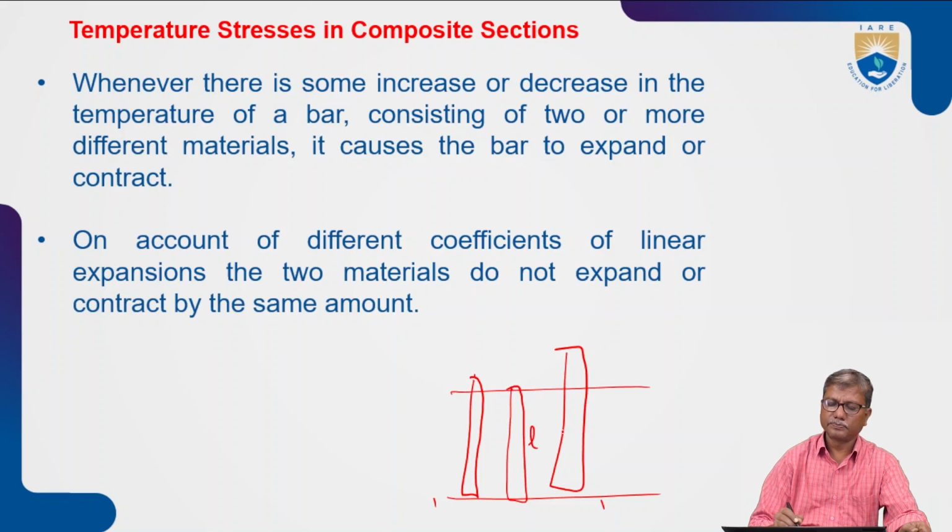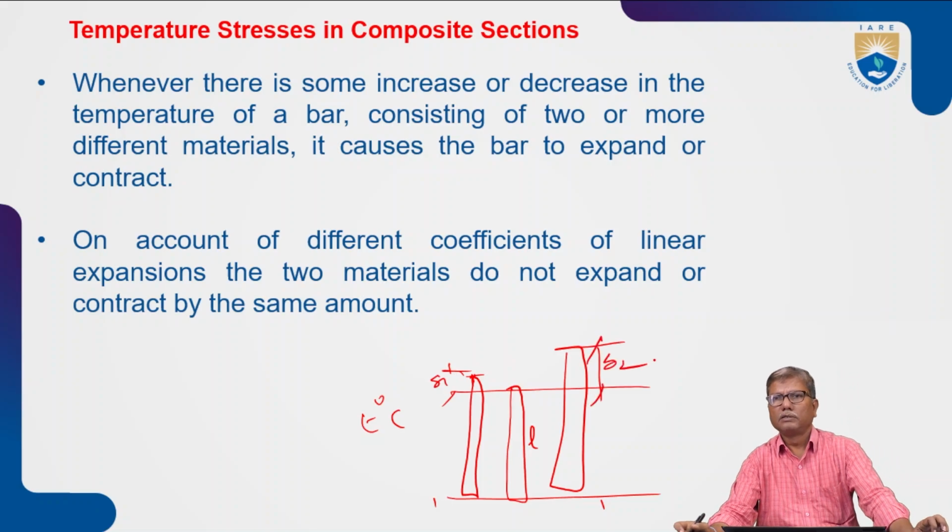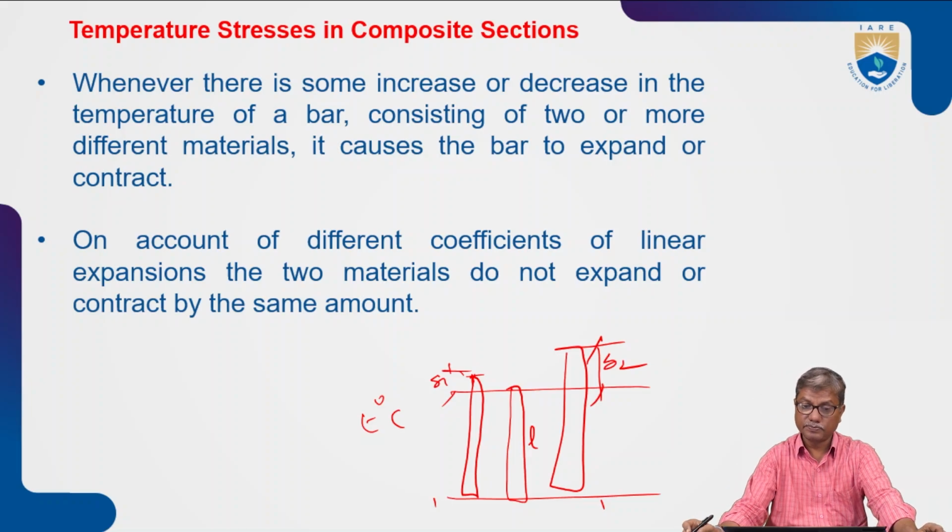Initial length is same. So, under the rise of same temperature T degrees, one material expands by delta 1, the other material expands by delta 2 because of their different coefficients of expansion.